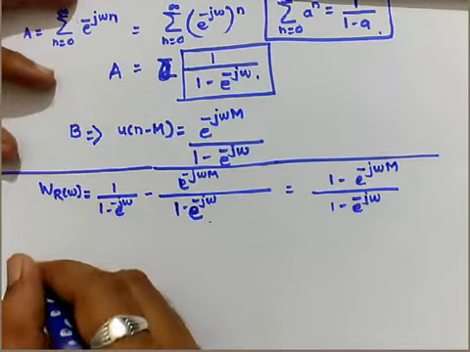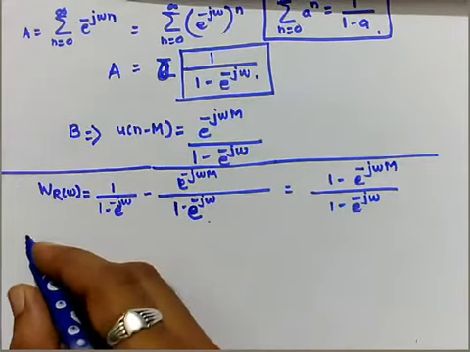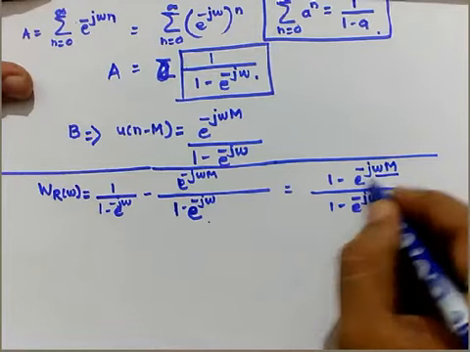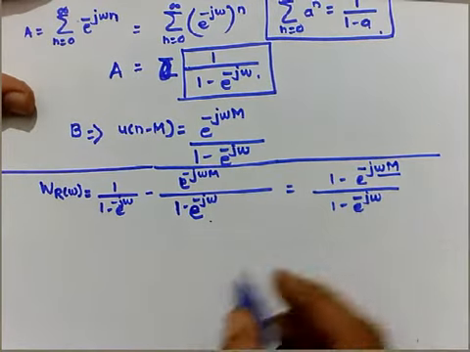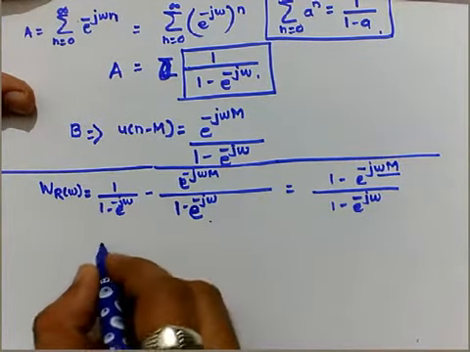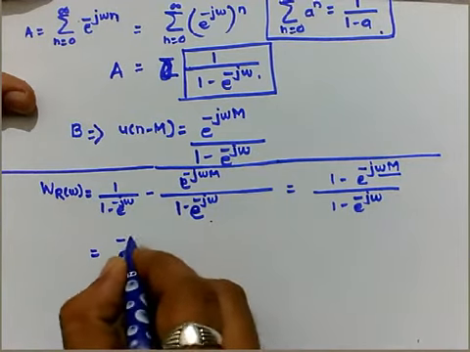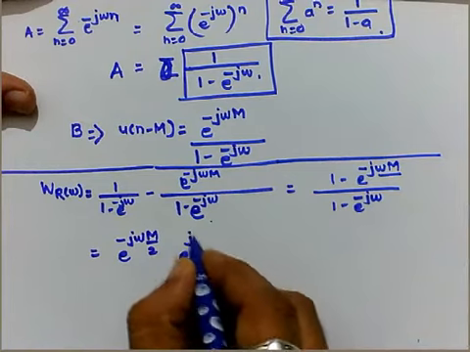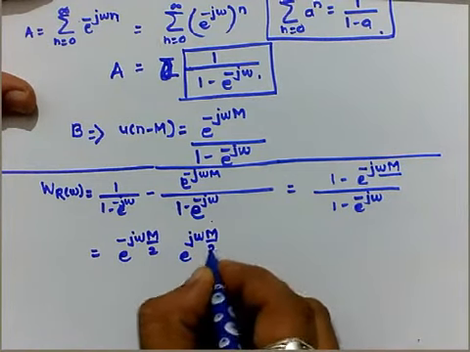Now let's simplify it in terms of the sine term so that it can be well applied over here. So let's write this 1 in terms of e raised to minus j omega m by 2 into e raised to j omega m by 2.